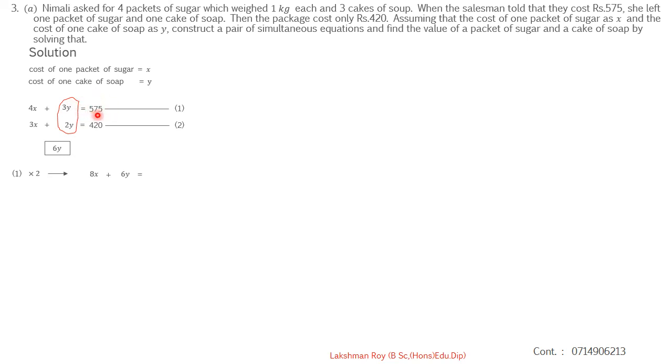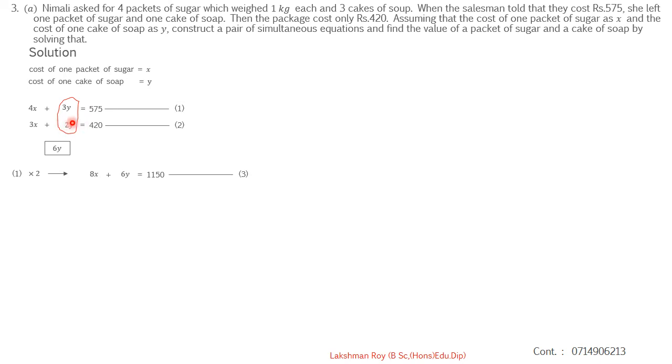You can calculate in a separate paper: 575 multiplied by 2 is 1150. So this is my new equation. For the new equation I have to use another number, so I name it equation 3, because I changed the first equation.